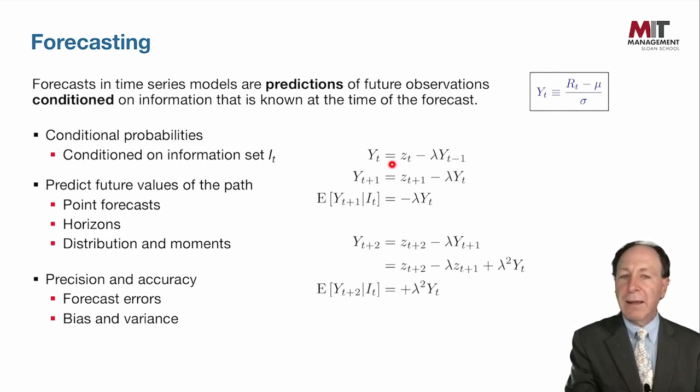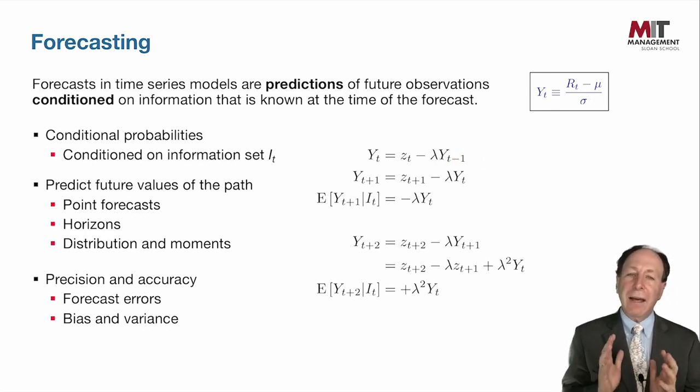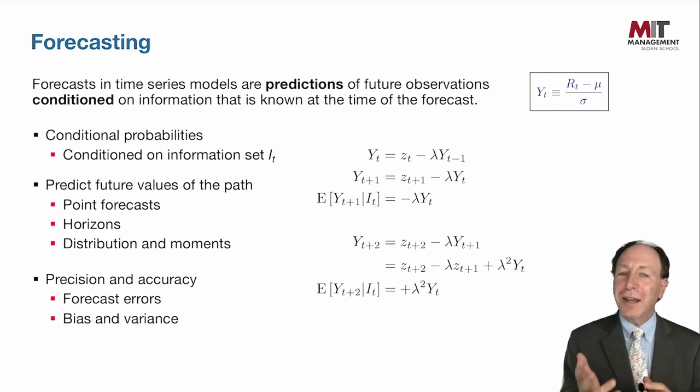Y sub t is a new random term, z sub t, which would be all we'd have if it were a random walk. And if it's autoregressive of order 1, we have a coefficient, which here is called minus lambda, times the previous observation, y of t minus 1. If we're forecasting, it's helpful to shift our thinking from looking backward to looking forward.